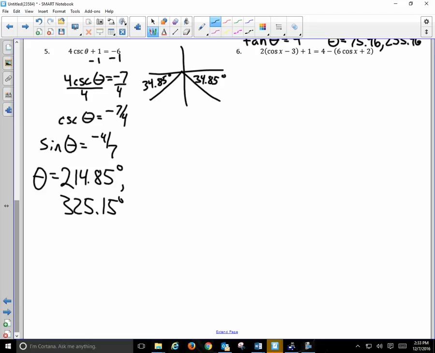Number 6, what should I do first? Distribute. 2 cosine of x minus 6 plus 1. What should I distribute for the second side? A negative. So I get 4 minus 6 cosine of x minus 2. Combine like terms.